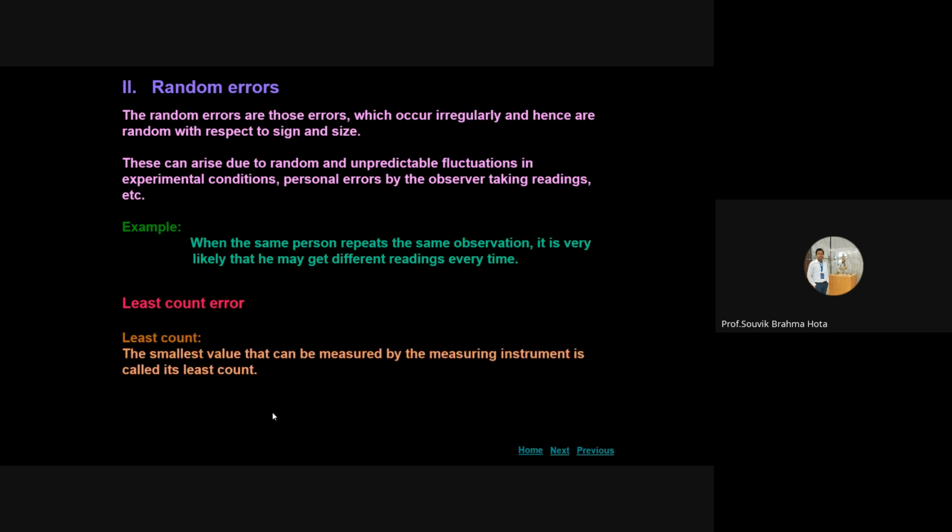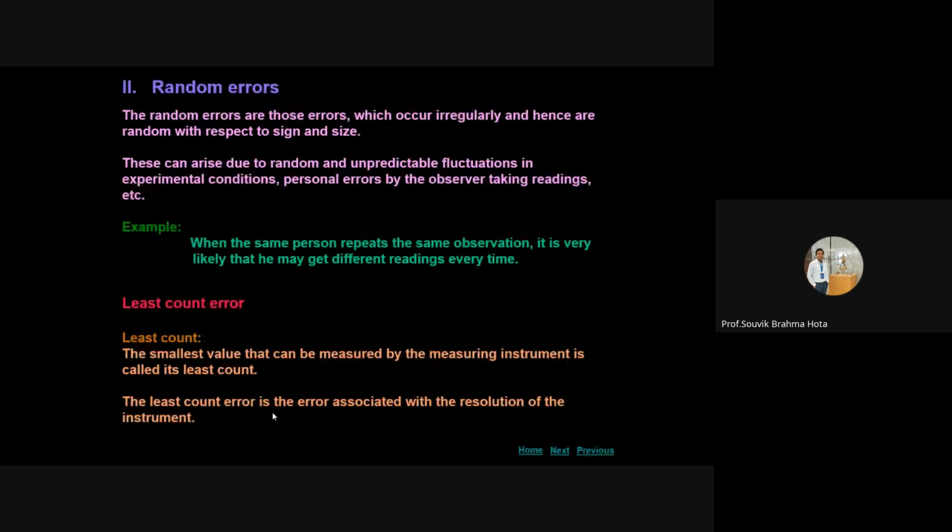The smallest value that can be measured by the measuring instrument is known as least count. Least count error is the error associated with the resolution of the instrument. Suppose if you consider your meter scale, the least value you can measure is 1 millimeter.